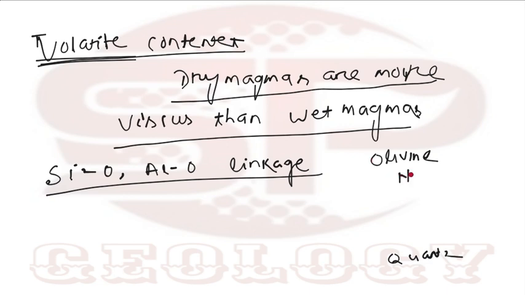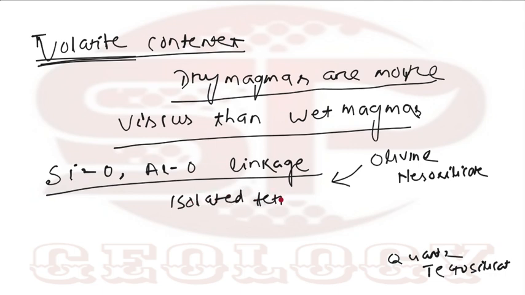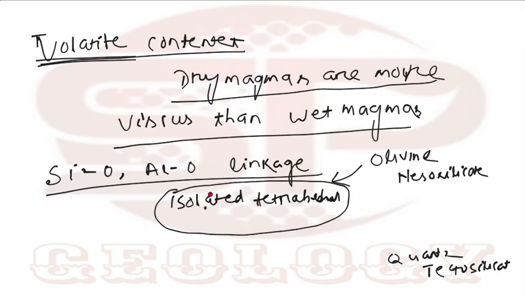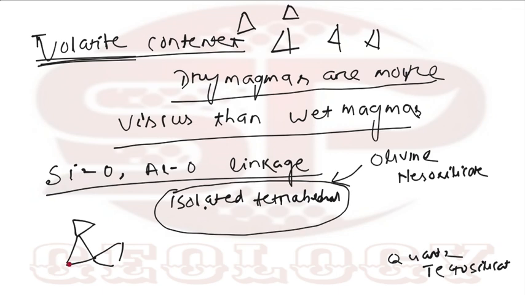Olivine crystallizes as a nesosilicate, quartz crystallizes as a framework silicate, a tectosilicate. Olivine is characterized by an isolated tetrahedral structure where it doesn't share its oxygen with other tetrahedra. They don't share their tetrahedra, but quartz shares all of its tetrahedra. So they will be more crowded in a particular place.